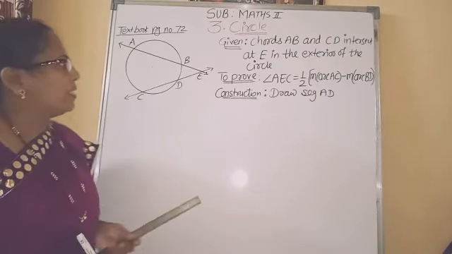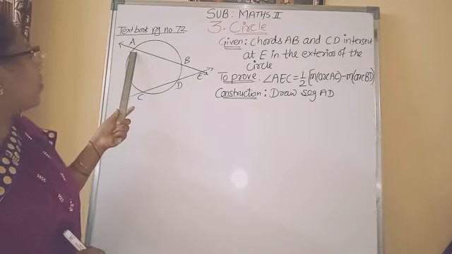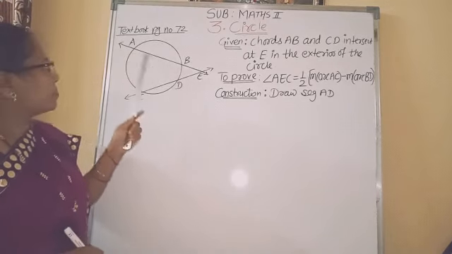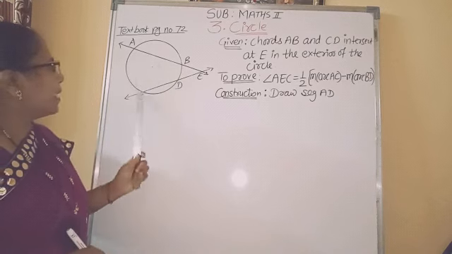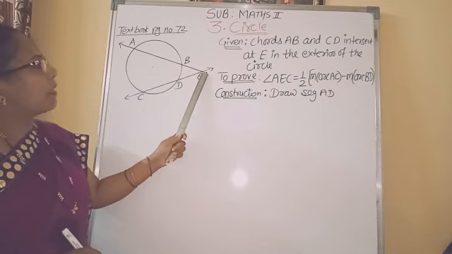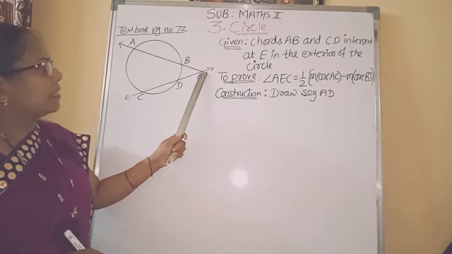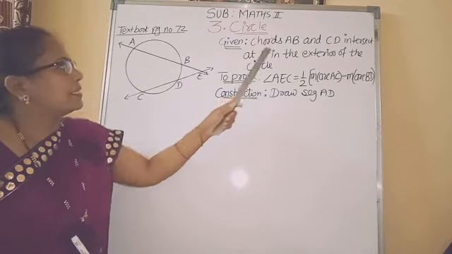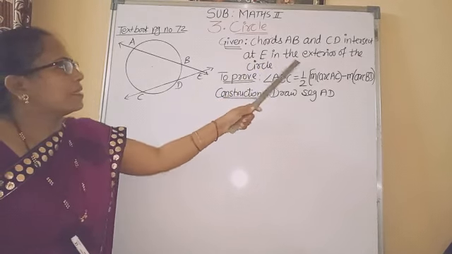Next property. Here chords AB and CD intersect each other at point E in the exterior of the circle.